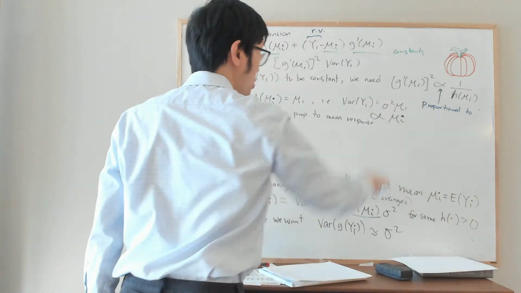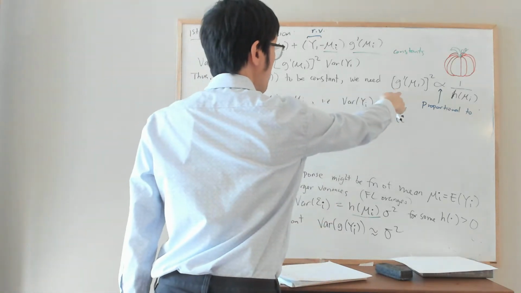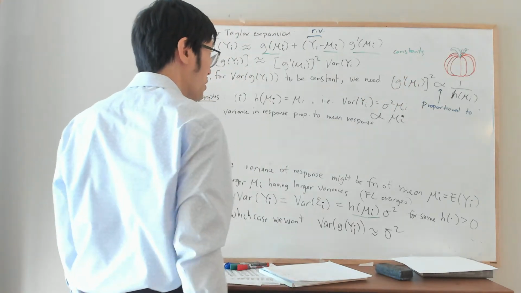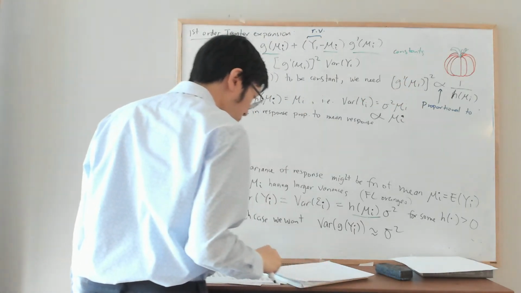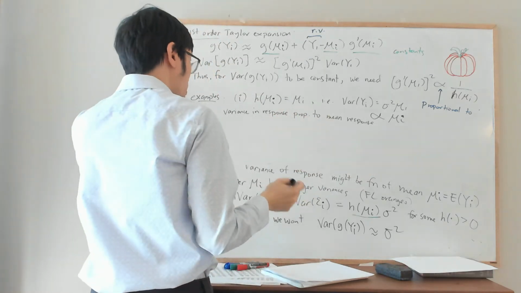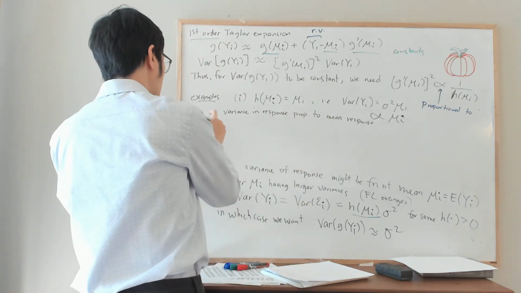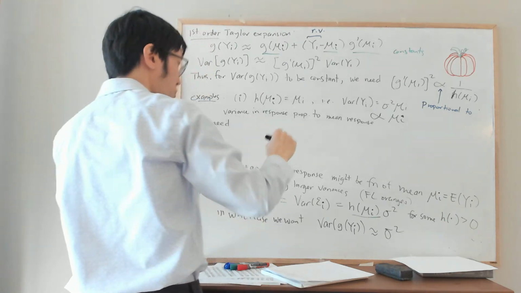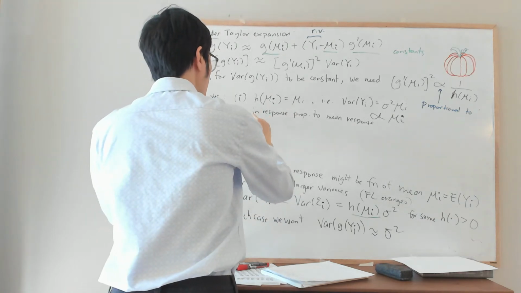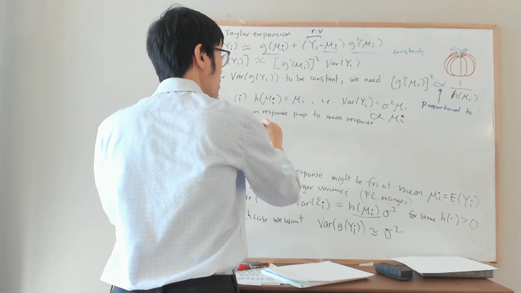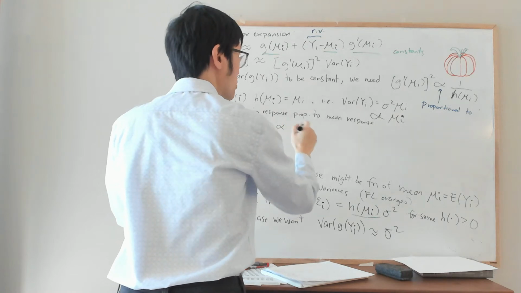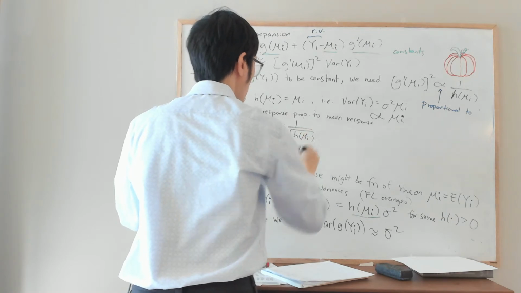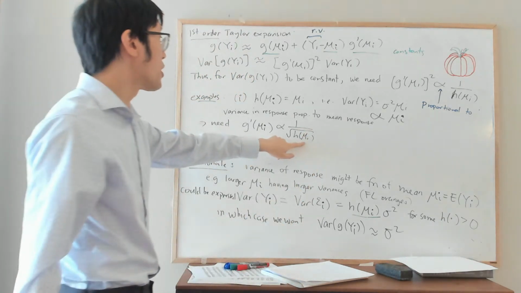According to this expression, we want g prime of mu i squared to be proportional to 1 over h of mu i. So let's take the square root: g prime of mu i should be proportional to 1 over the square root of h of mu i, and h of mu i is mu i.